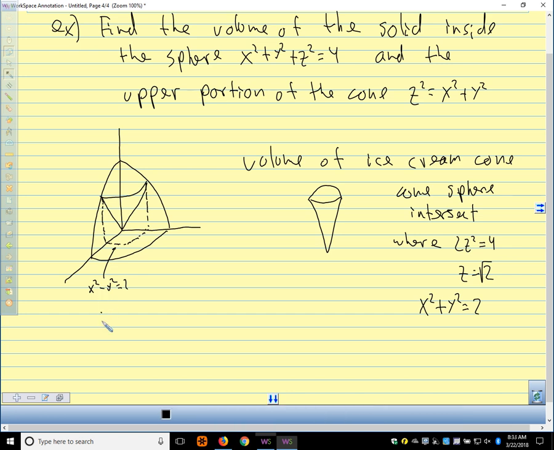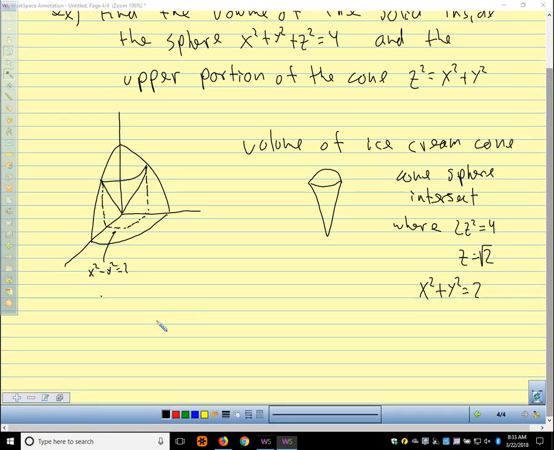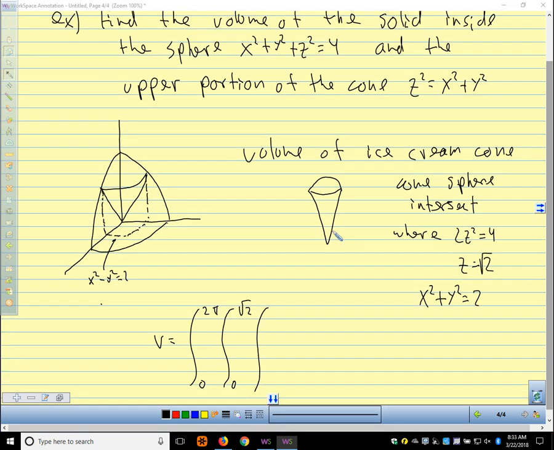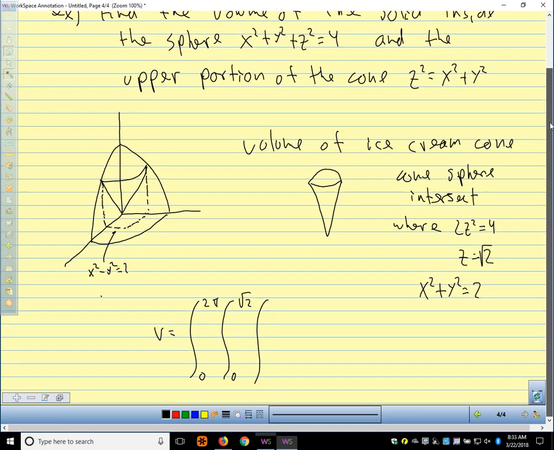Well, this is a nice integral to set up now in cylindrical coordinates. So I'm going to say our volume equals the integral, theta goes from 0 to 2 pi. I could split it up, but this is not going to be a bad one to evaluate. Radius goes from 0 to square root of 2. And z goes from the cone to the sphere. Z goes from z equals the square root of x squared plus y squared, so z equals r.